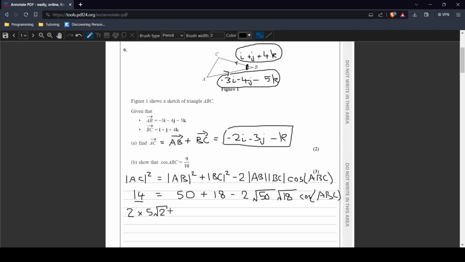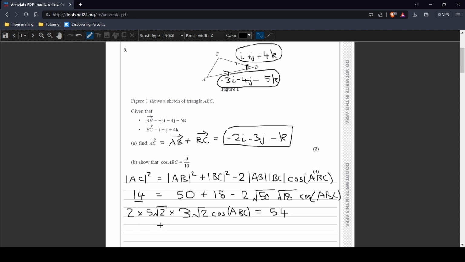Root 18 we can also write similarly as root 9 times root 2, so that will become 3 root 2, and then we'll have the cos ABC, and that equals 50 plus 18 minus 14, so that will be 68 minus 14, which is 54.